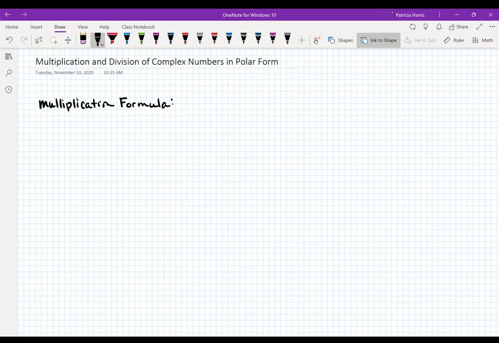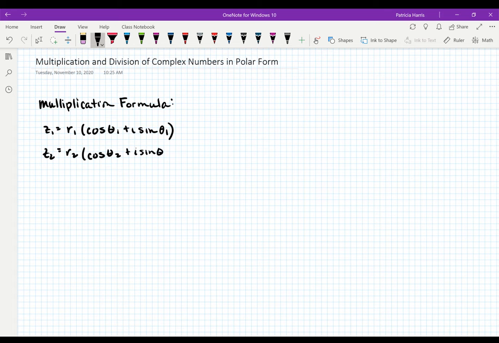If I have two complex numbers, let's call one z1, which is r1 (cosine theta 1 plus I sine theta 1), and z2, we'll call that r2 (cosine theta 2 plus I sine theta 2).